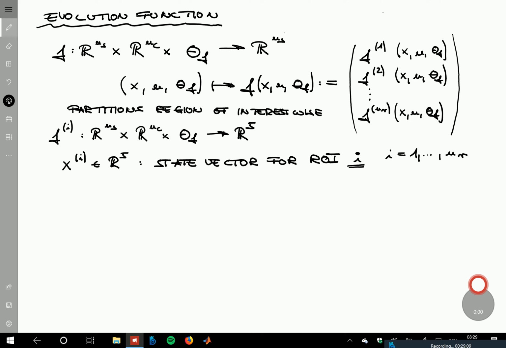And these 5 state variables have now biological meaning. This is what we're looking at now. So the first state variable in each region is a neural state.